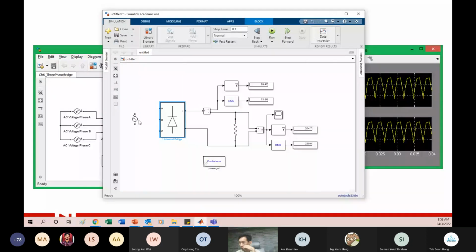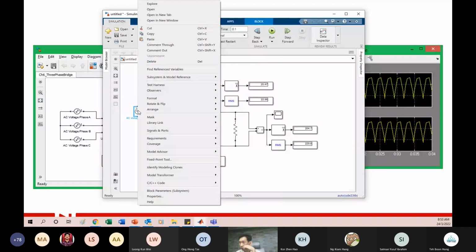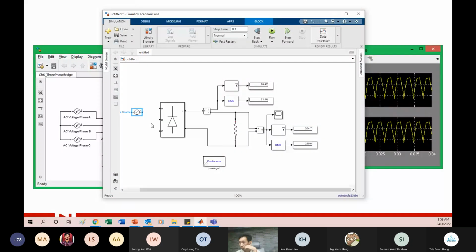Then what we're going to do is create two additional three-phase sources here, and then all of these will connect together.